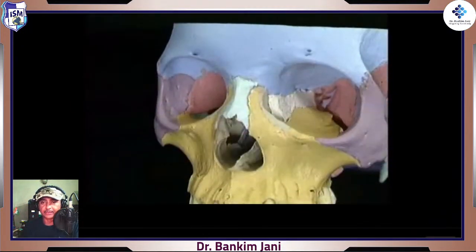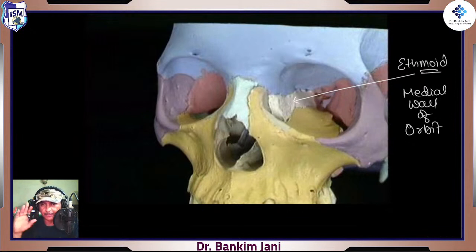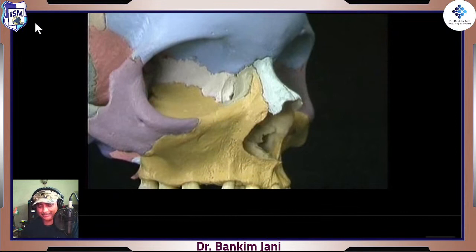So this is the only area where it will be showing its presence, a small strip which is forming the medial wall, in fact partly the medial wall of the orbit, and then the cribriform plate into the nasopharynx, right?